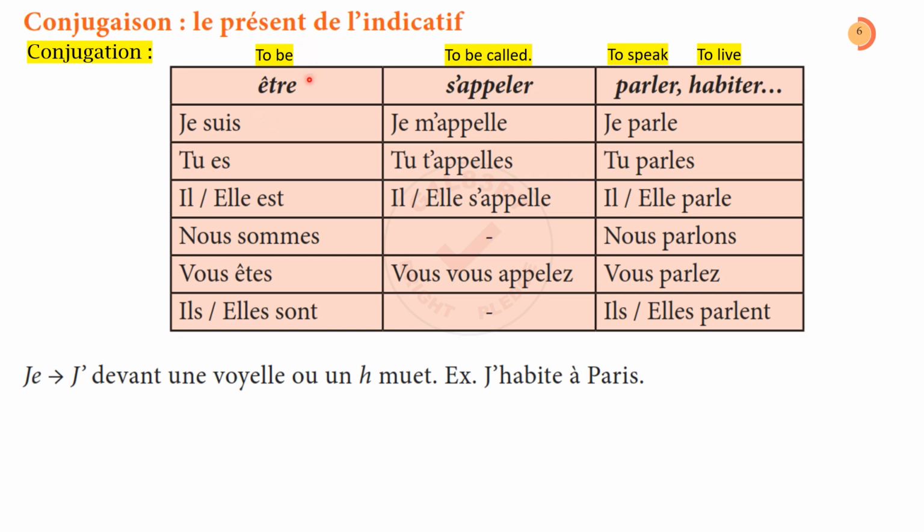First, être, to be: je suis, I am; tu es, you are; il, elle est, he or she is; nous sommes, we are; vous êtes, you are; ils, elles sont, they are. Ils means they in the masculine plural, and elles means they in the feminine plural.